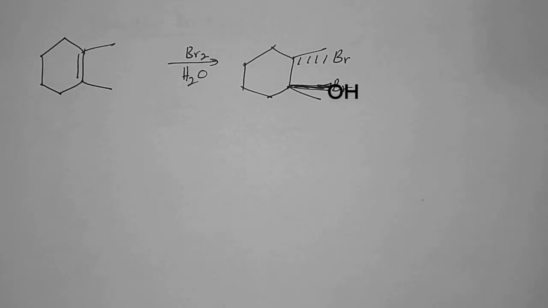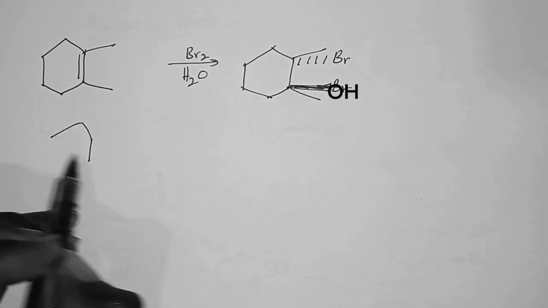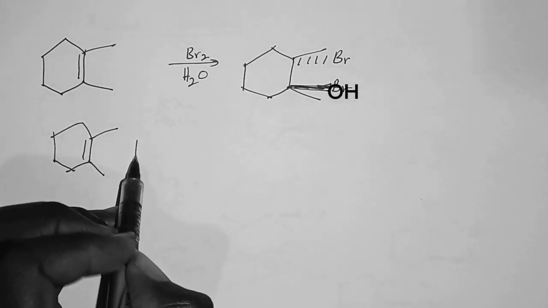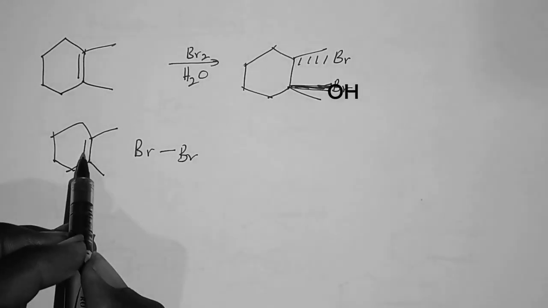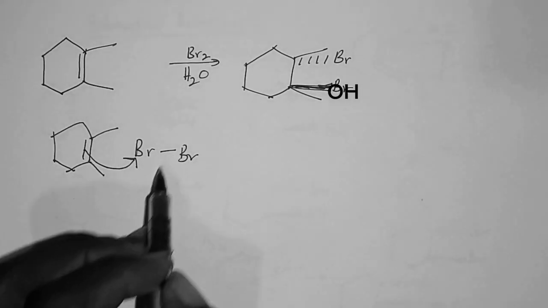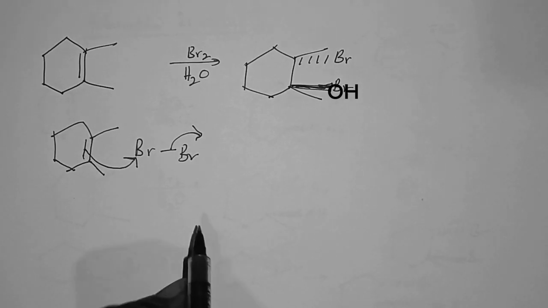So let's show by reaction mechanism how the second reaction also proceeds. So we'll start with the alkene. So with this alkene, then the bromine gas. So it will use these pi electrons to attack this bromine, and then it will cause this bromine to cleave off.